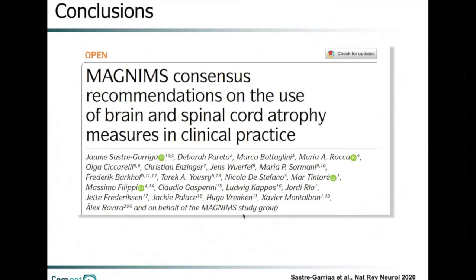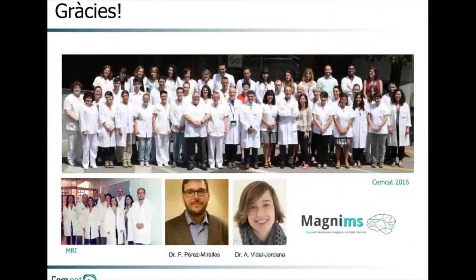And I want to finish by thanking all my colleagues at the MS Center of Catalonia, Cemcat, Xavier Montalban, Mar Tintoré, and the leaders of most of the research that has been published by our own lab, Francisco Pérez Miralles and Angela Vidal Jordana, and also especially Àlex Rovira, Deborah Pareto, and all other co-workers at the MRI unit.